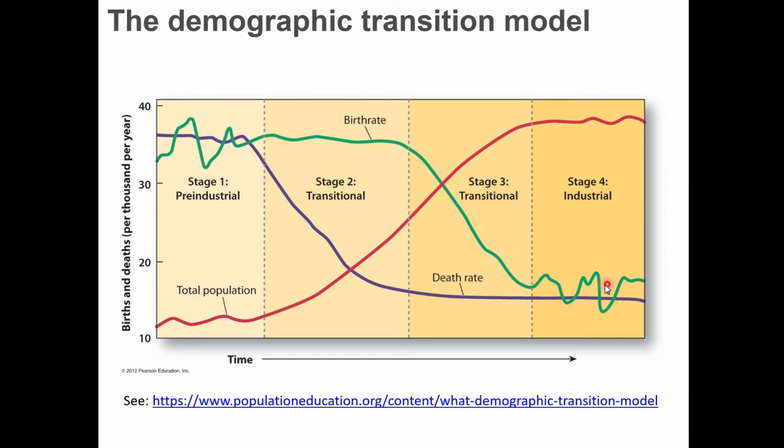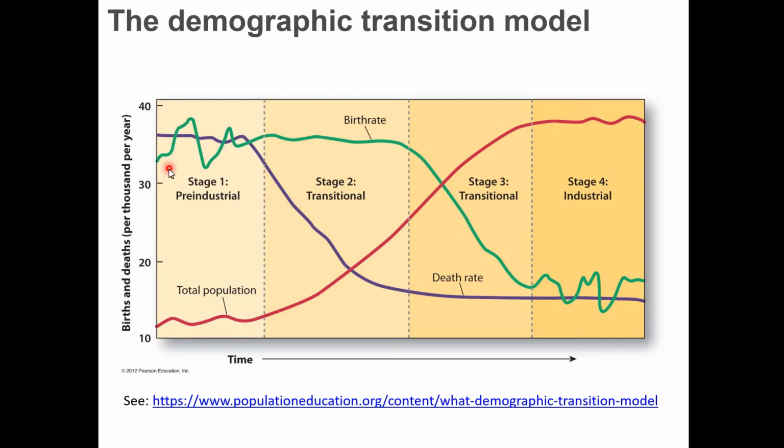Now, look at this a little bit differently. There are models that try to describe these different stages. So the leftmost of those graphs, the Nigeria situation, with high birth rates and relatively high death rates, is often referred to as the pre-industrial stage.